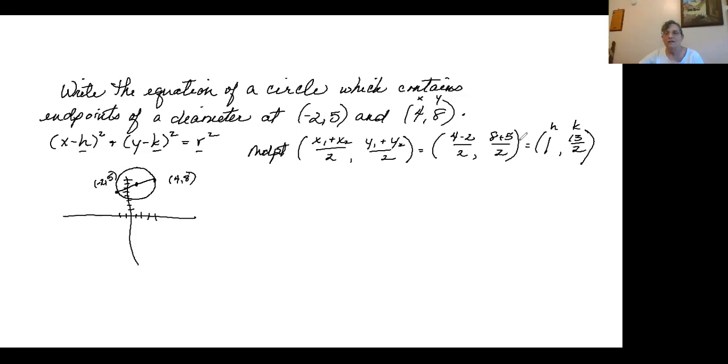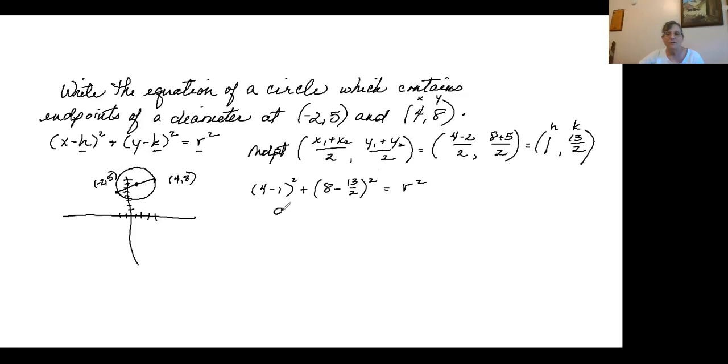So we can plug x and y and h and k into this side and just solve for r squared. So we're going to have 4 minus 1 squared plus 8 minus 13 halves squared equals r squared.